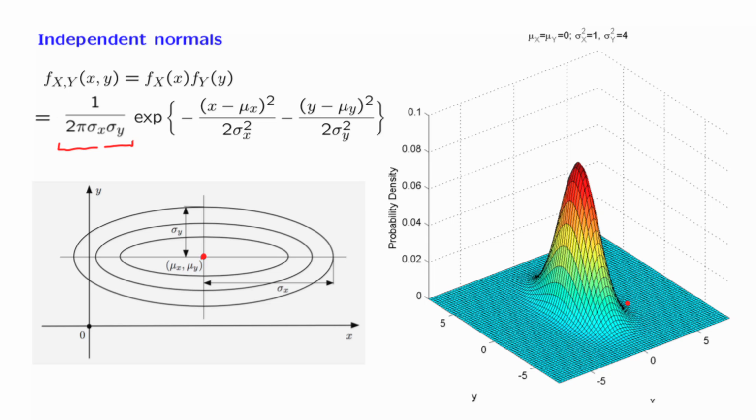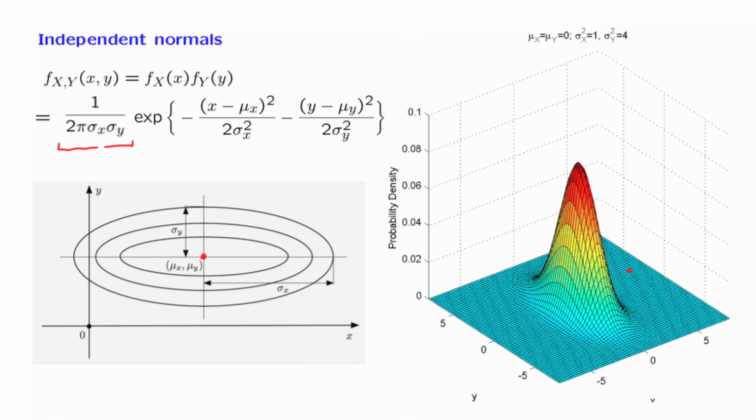Since the variance of y is larger, we expect y to take values over a bigger range and to be larger typically than the values of x. And so the bell shape that we have for the joint PDF is stretched in the y direction. It extends further out in the y direction than it does in the x direction.